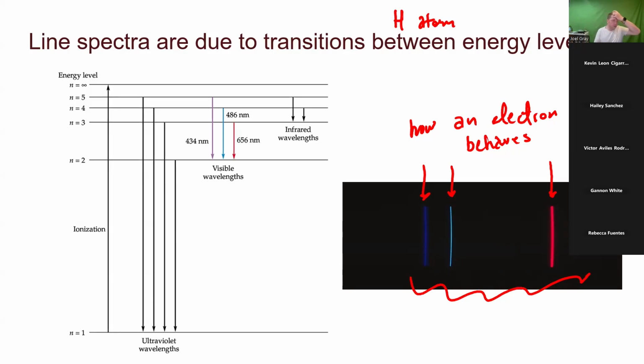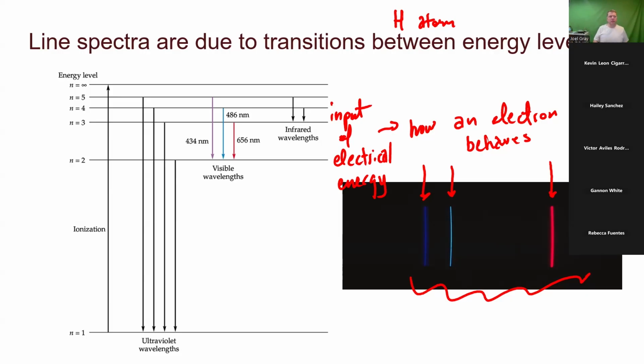And when it comes to electrons, what we're talking about is the input of electrical energy. So we kind of electrocute an electron or an atom or atoms.